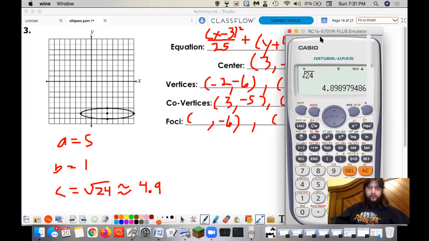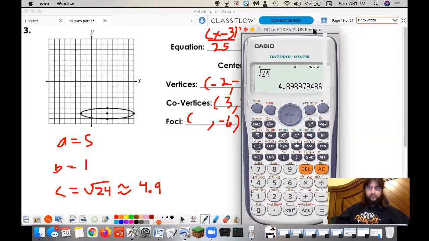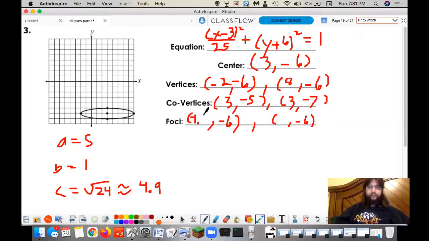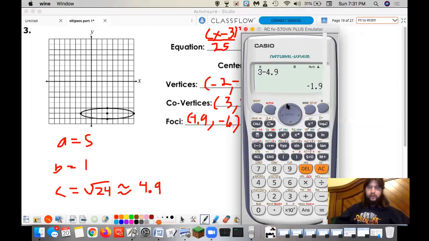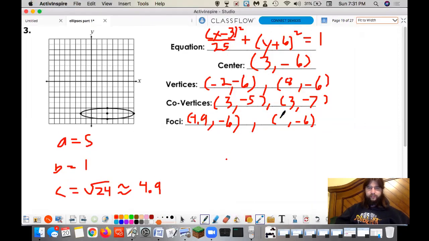So we're going to take our x value, subtract, and I get negative 1.9. Change that to addition, get 7.9. And there we go, we've got it all filled out.